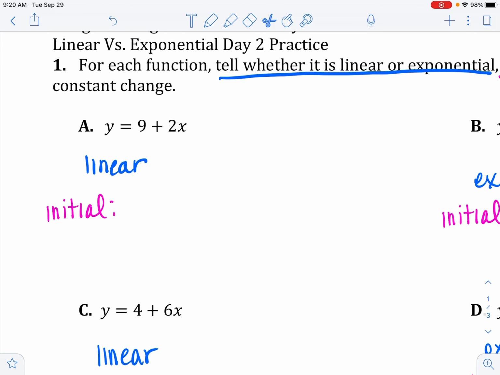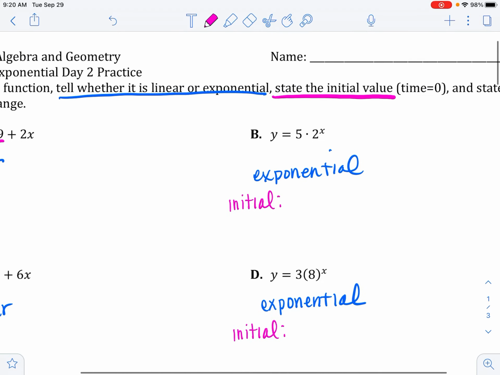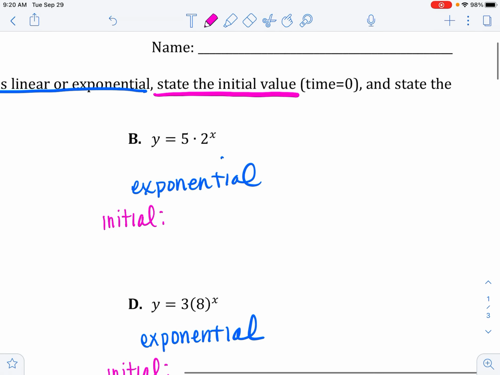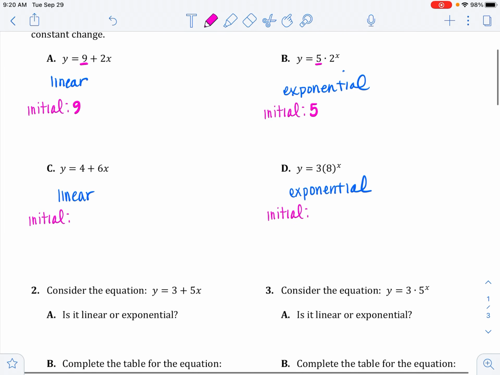Remember, b is your initial value for a linear equation. b is 9. Looking at an exponential function, a is your initial value. So a is 5. The initial value for this one is 4 because of b, and then a is 3 here for this exponential function.